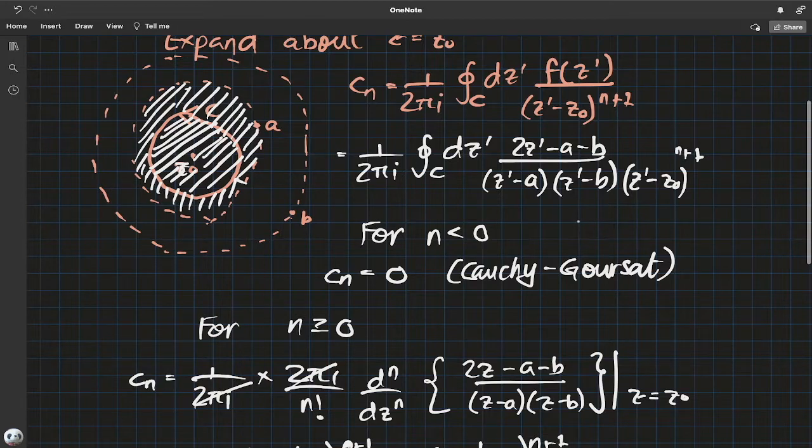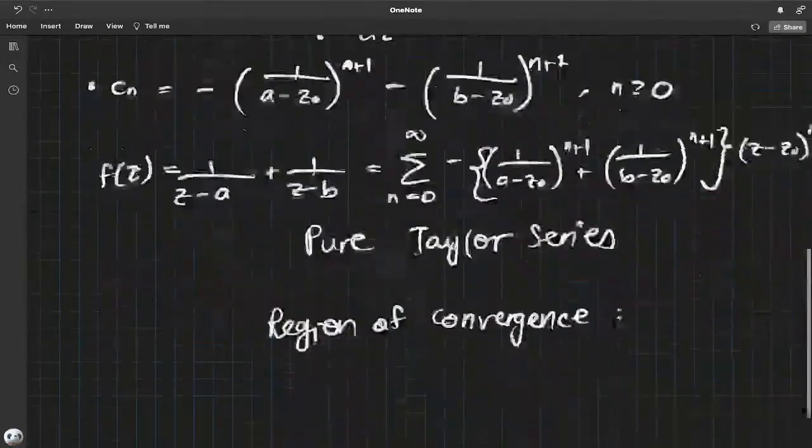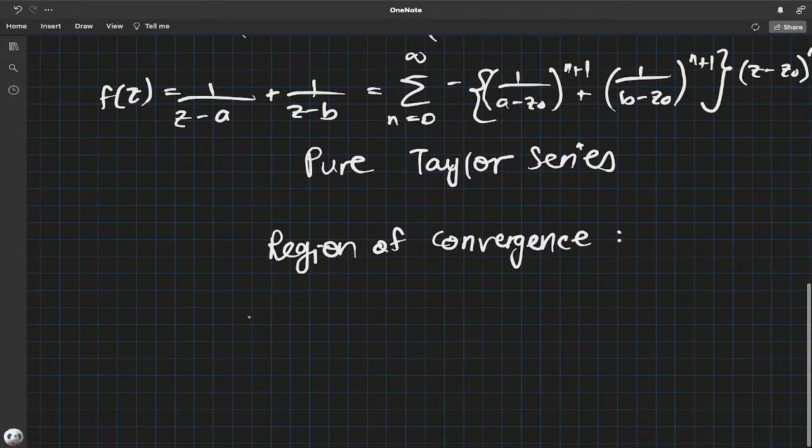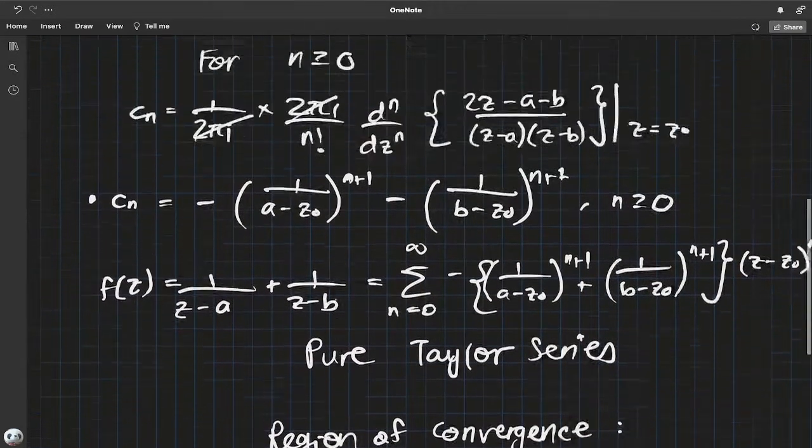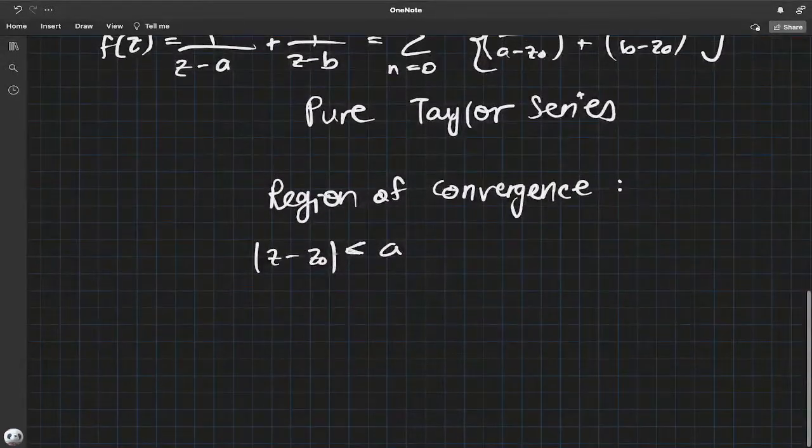And boundaries are out of bounds for us. So let me just write the region of convergence. The magnitude of z minus z0 is less than a, which is basically saying that you center at z0 and you are in this disk up to a, and you're not having an equal to because we don't want to include the boundary. Again, this is a disk because it's a region, not just one circle, not one line. I hope this makes sense.